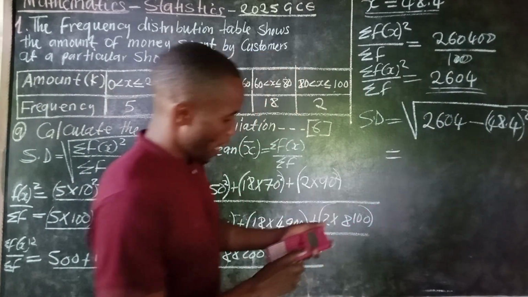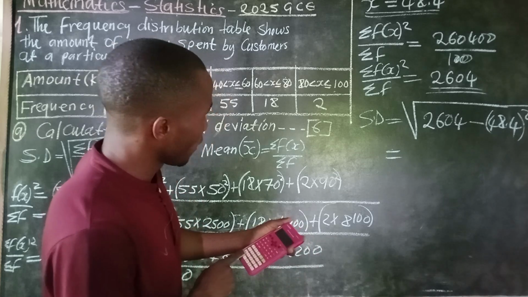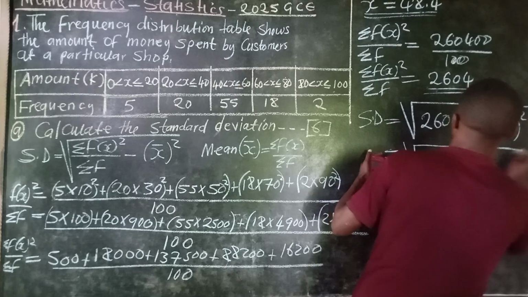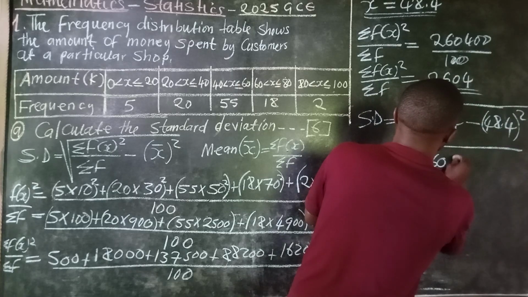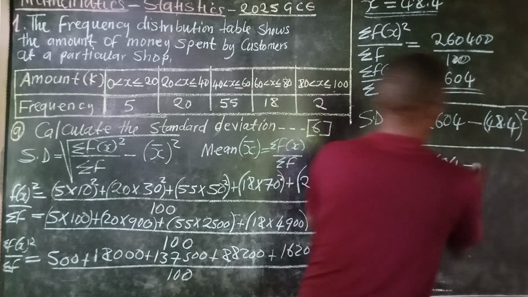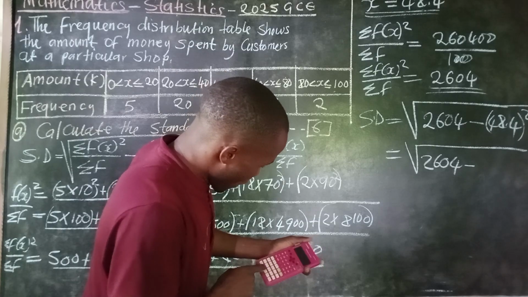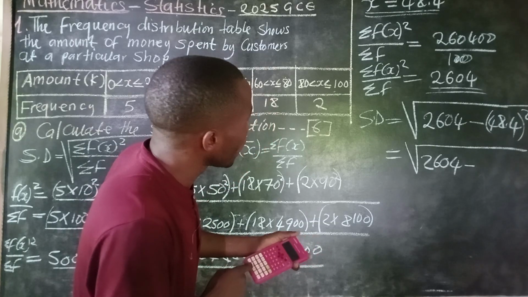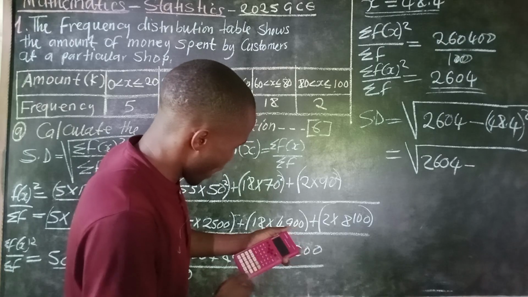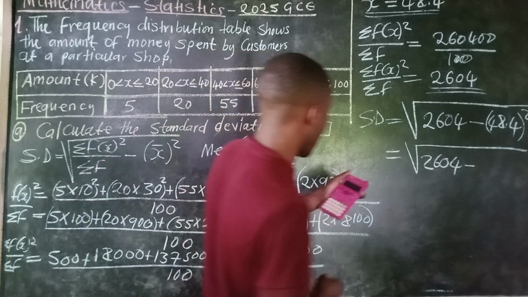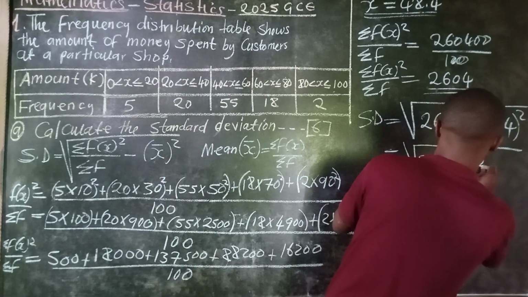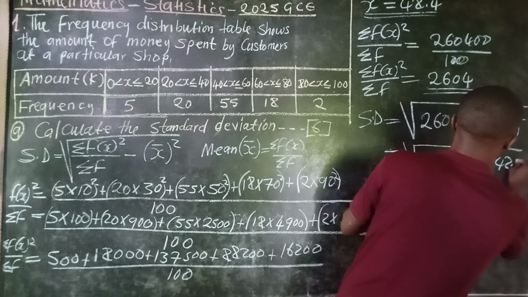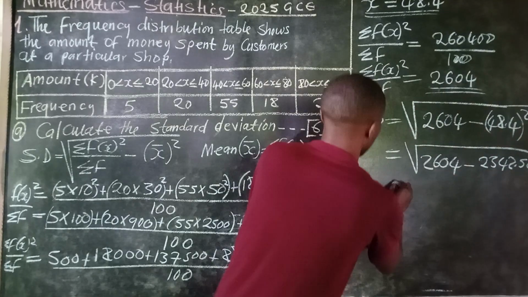First of all, we can bring down this one the way it is, 2,604, then minus 48.4 squared. The answer is 2,342.56. Okay.